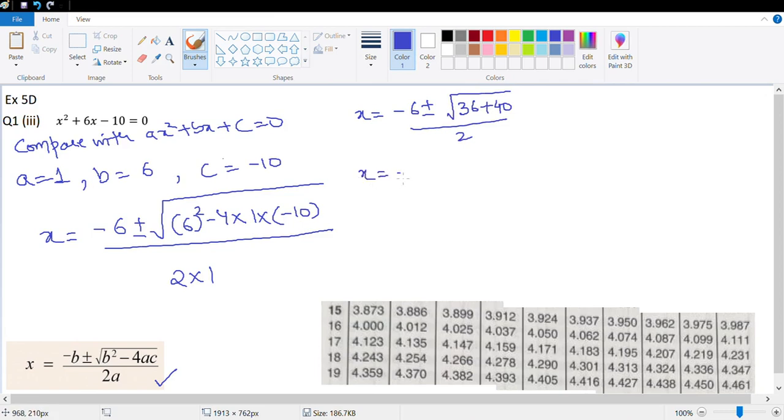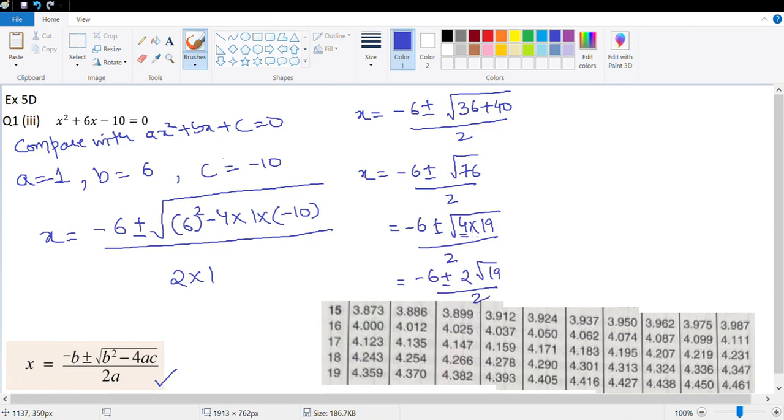So x will be equal to negative 6 plus minus root 76 upon 2. Now root 76 can be written as 4 multiplied with 19, so this will be negative 6 plus minus 2 root 19 upon 2. Yes, the square root of 4 is 2, so 2 comes out and 19 still remains in. So the answer now is negative 3 plus minus root 19.